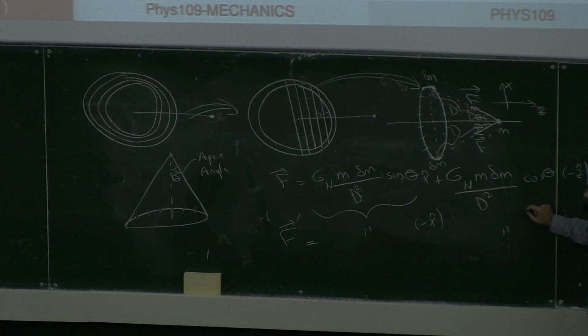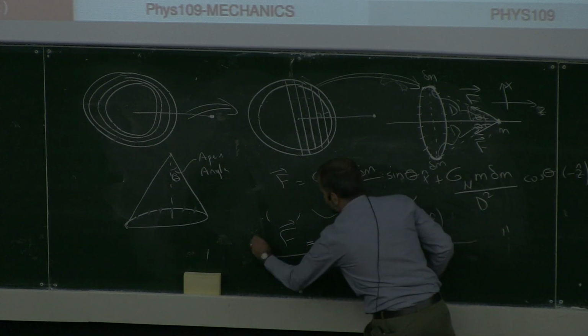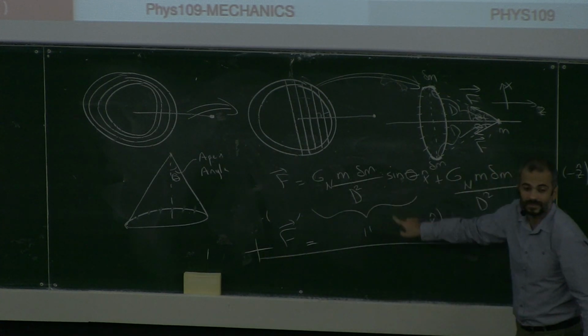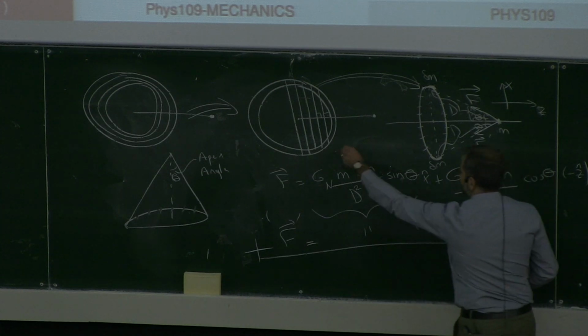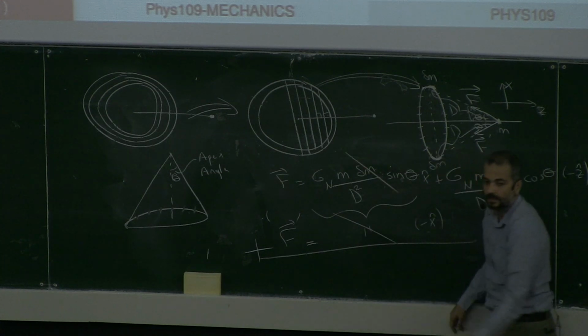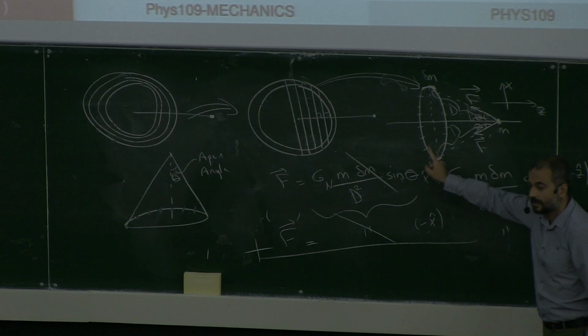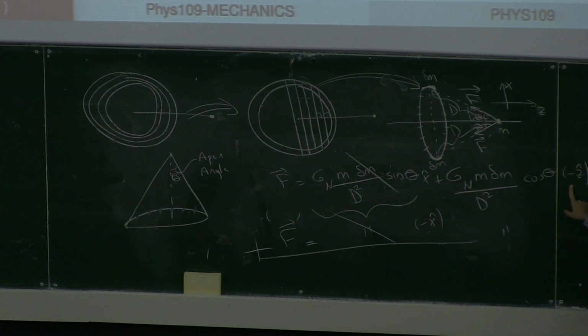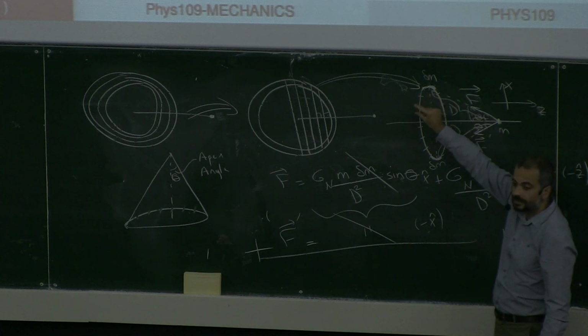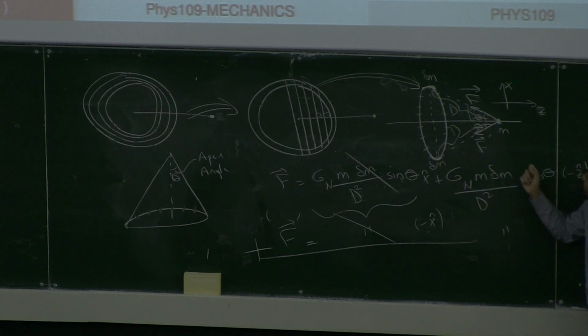So when you sum them up, this will cancel this one. The resultant net force created by the ring will be in the minus z direction, because all these arcs will create a component of force in the minus z direction, which will add up.